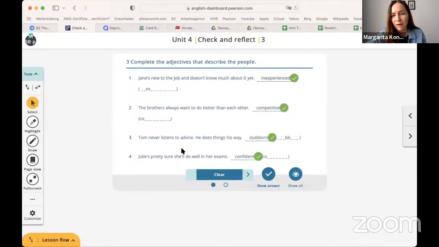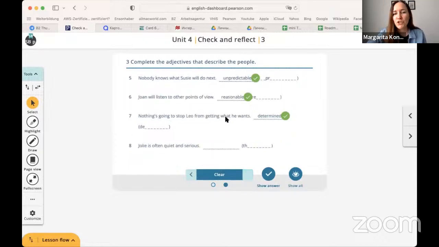He never would listen to advice or change his opinion. But determined is good. Nothing will stop him. He knows what he wants. Good. And number 8. Julie is often quiet and serious. Thoughtful. Okay, brilliant.